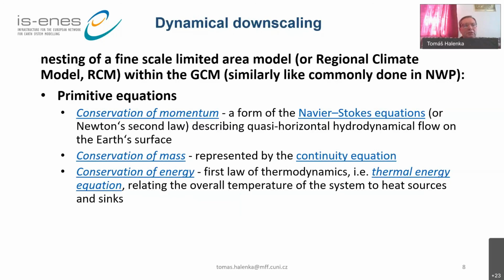When talking about the horizontal or quasi-horizontal flow, I should say that you can use even full 3D equations, which is now getting more and more popular compared to using just quasi-horizontal equations. The latter means that you use the hydrostatic assumption on the atmosphere, which is not so valid when going to very high resolution.